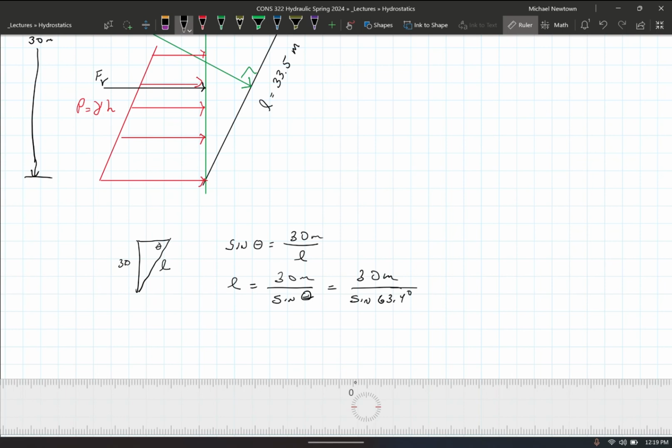Now, truthfully, you could just keep it in the 2/1, run over rise, or rise over run, sorry, and you'd get where you want to be. But we converted, so we're there. And that gives us 33.5 meters. Everybody good with the trig?